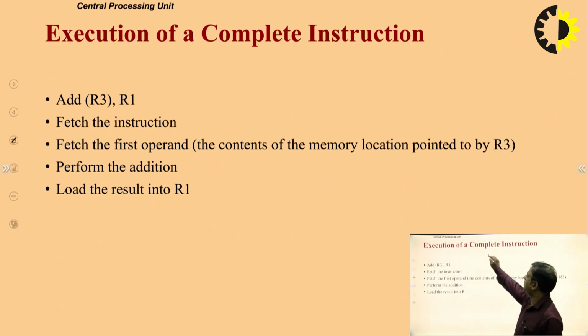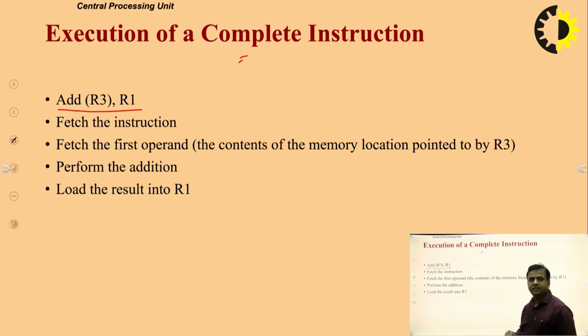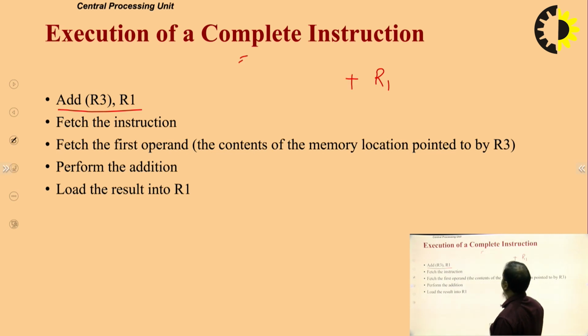Let's take an example of how the execution of an instruction occurs. I have taken the example ADD (R3), R1. What is the meaning of this instruction? It adds the contents of register R1 with the contents of the memory location whose address is in R3. The brackets around R3 mean that R3 holds the address where the data is.